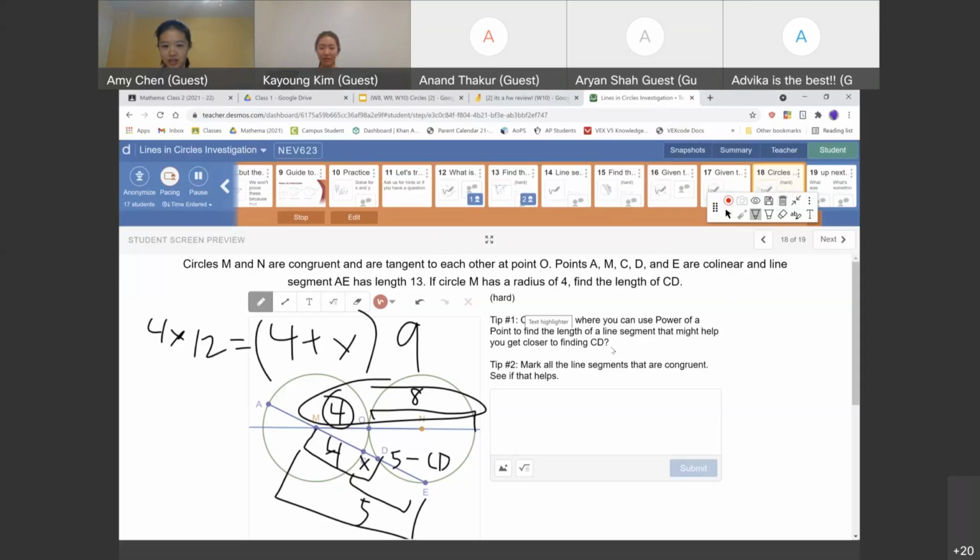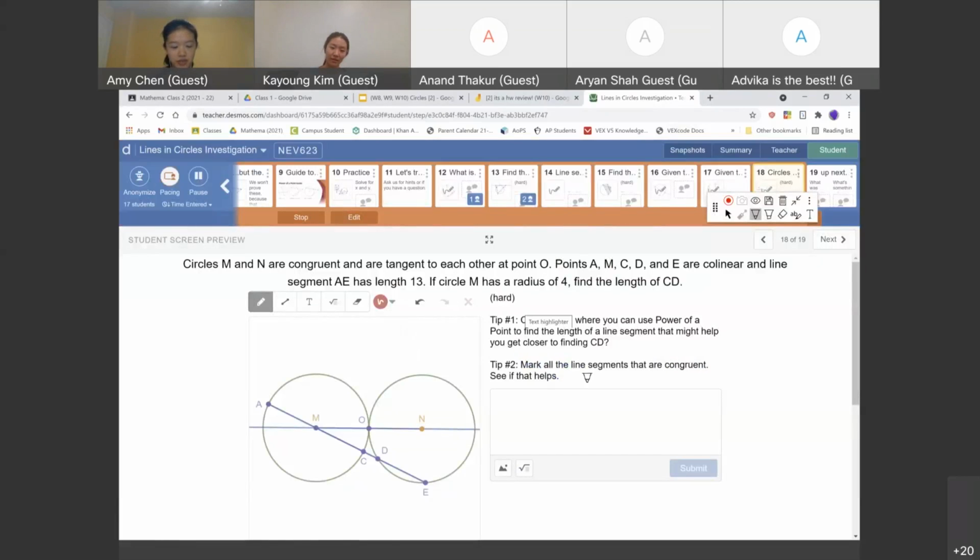Okay, I'll go over it again. So we know MO is 4, right? And this is 4 too, and this is 4. This is also 4 down here. And CD is X, although we can just call it CD. And this part over here, CE, is 5.